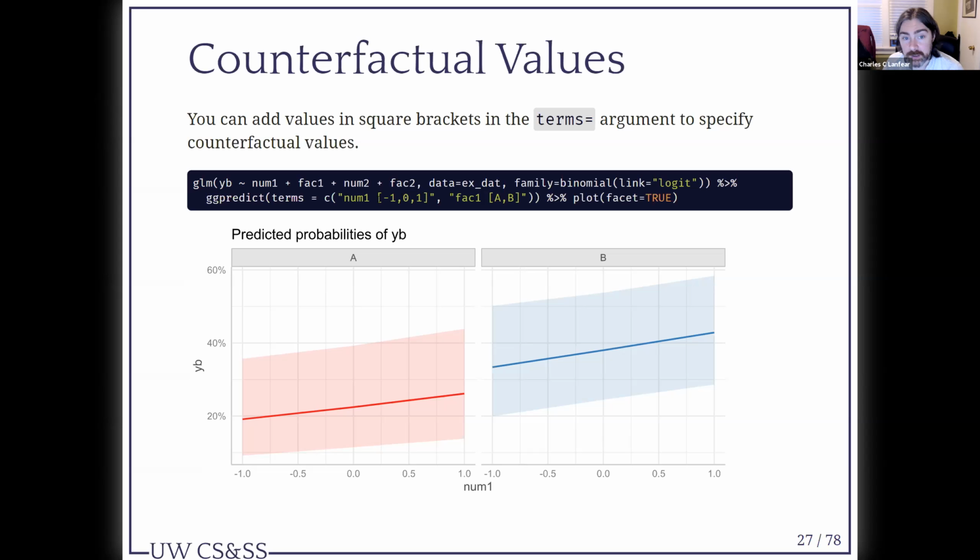So the square brackets here let me set specific values of this variable. fac1 is just going to be displayed as level A and level B. If I then plot it, what we see is only level A and level B of the factor are displayed, and my numeric 1 variable runs from -1 to 0 to 1. So this lets us set specific values we want and then generate counterfactual plots. This is kind of handy, pretty powerful.